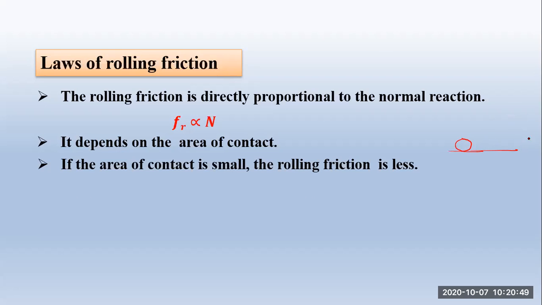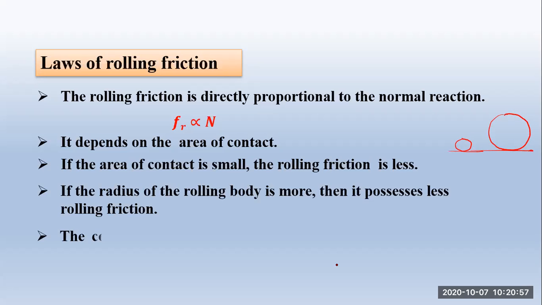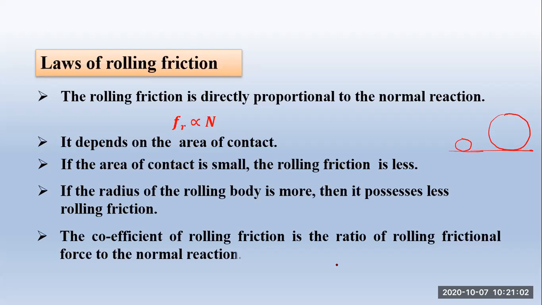If you consider a large sphere, the area of contact will be large. If the radius of a rolling body is more, then it possesses less rolling friction.